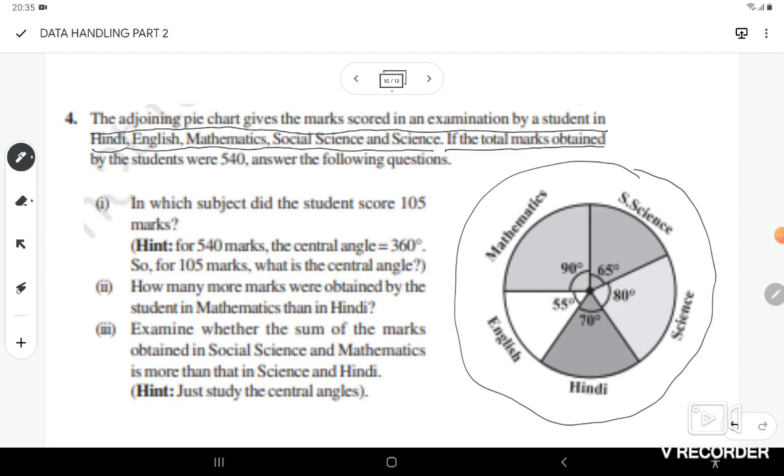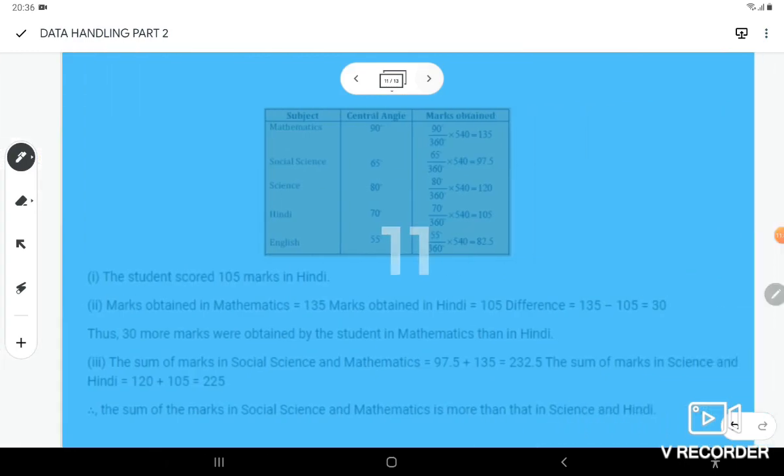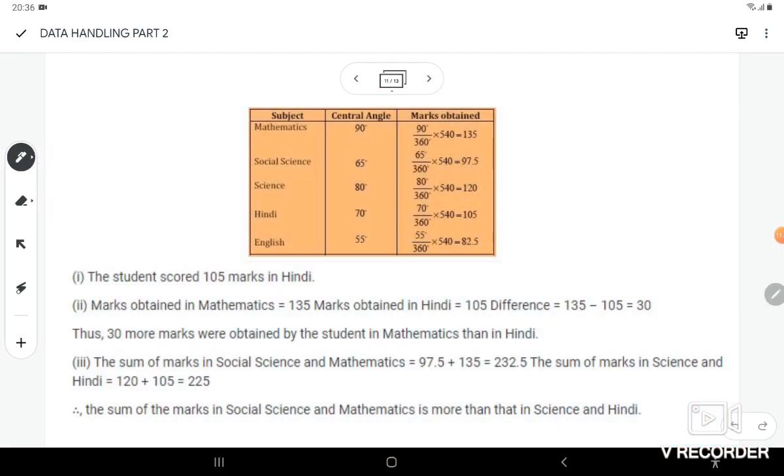If the total marks obtained by the student were 540, then answer the following questions. Now it says, in which subject did the student score 105 marks? So this you can calculate using the central angle. So we are going to calculate the central angle for each of the subjects, and based upon that we can calculate the marks obtained. So let's see how we do it.